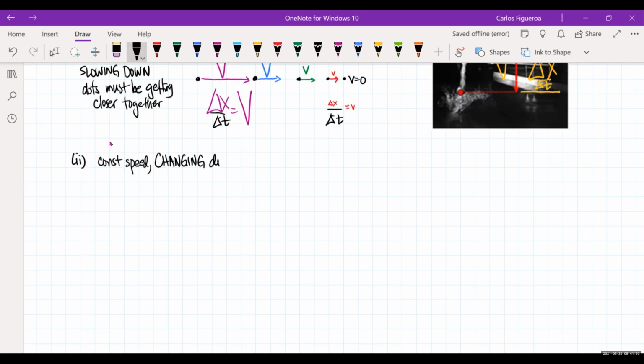Changing direction. And whenever you see this, this is what we mean by turning. So this situation is turning.